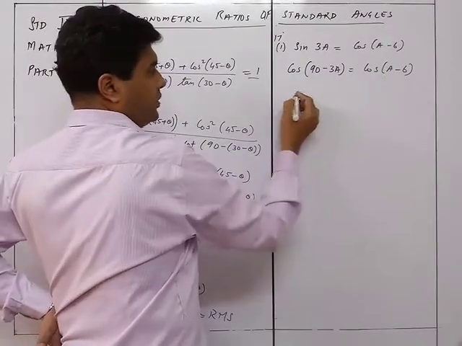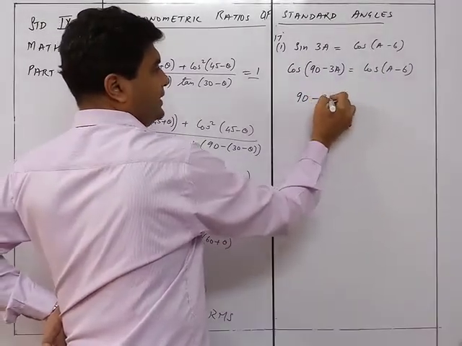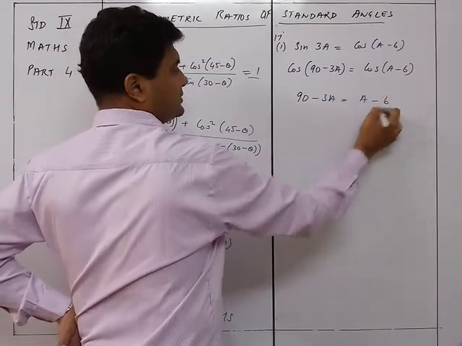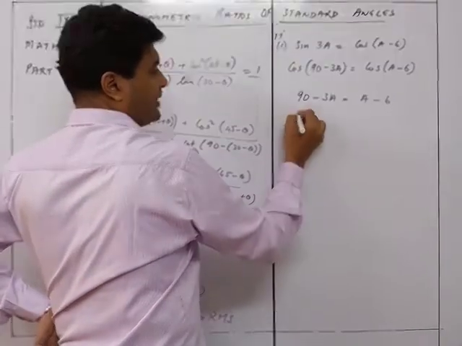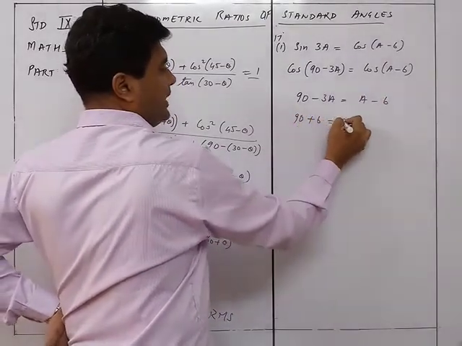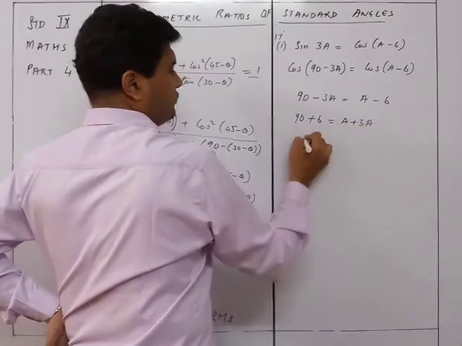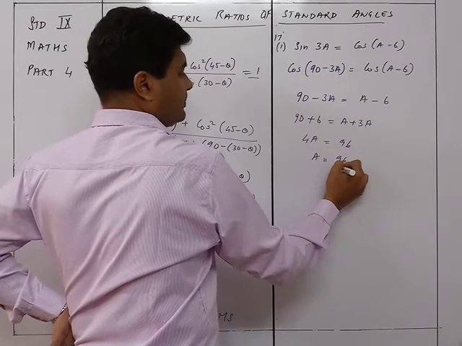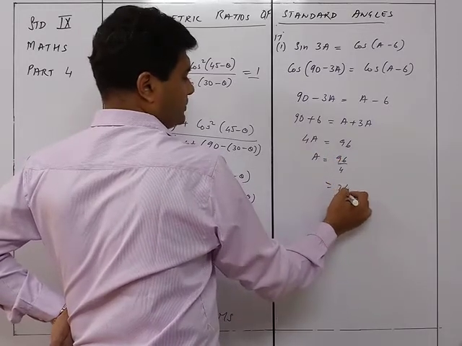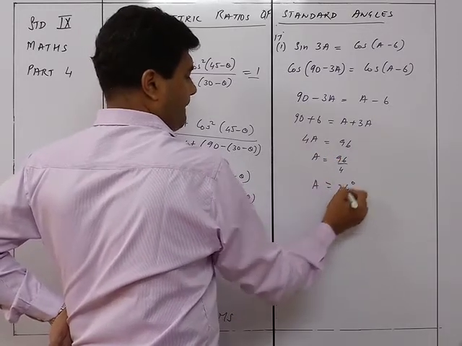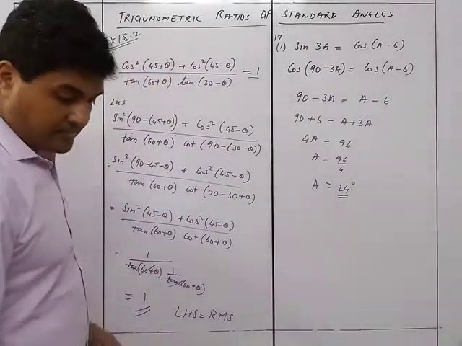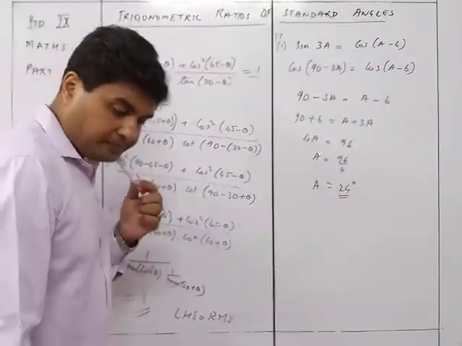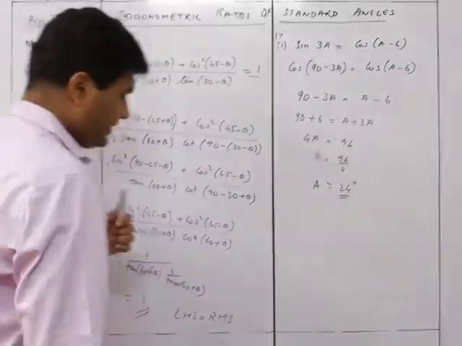So if you see this, automatically 90 minus 3A is equal to A minus 6. So bringing it this way, 90 plus 6 is equal to A plus 3A. So 4A is equal to 96. A is equal to 96 upon 4, which is 24. Easy sum. We move on to the 17 third sum.